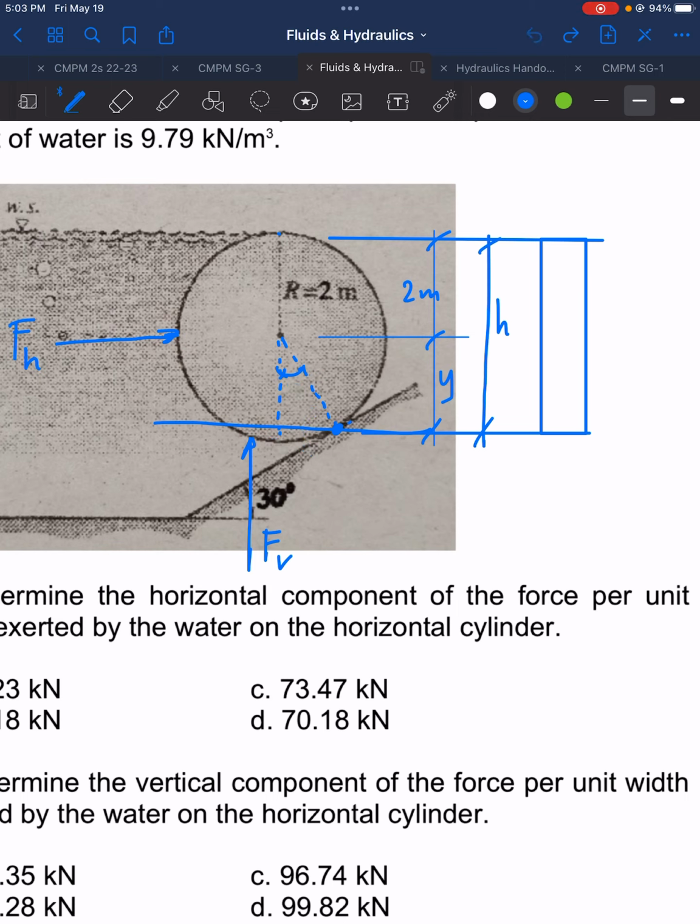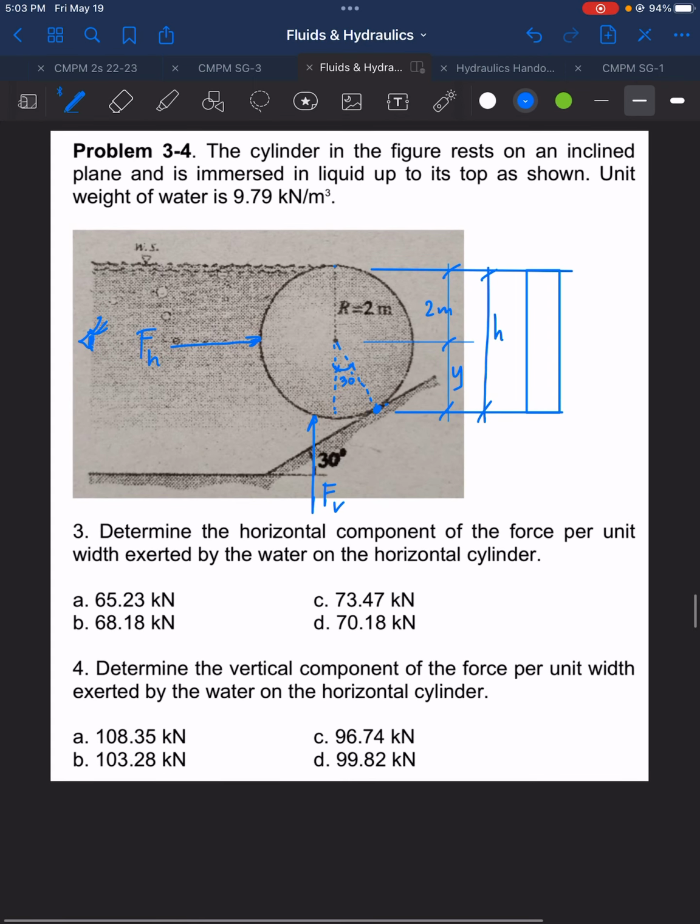In short, if we're dealing with incline, the angle of inclination here is the same as the angle here. That is 30 degrees. So how do we compute for the value of y? We also need to get the value of this one here. So we extend the level of water, and then we extend the point of inclination.